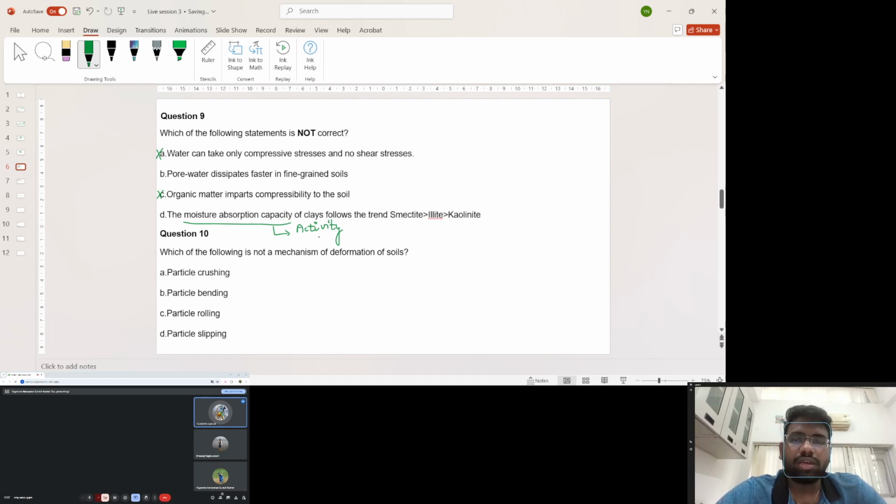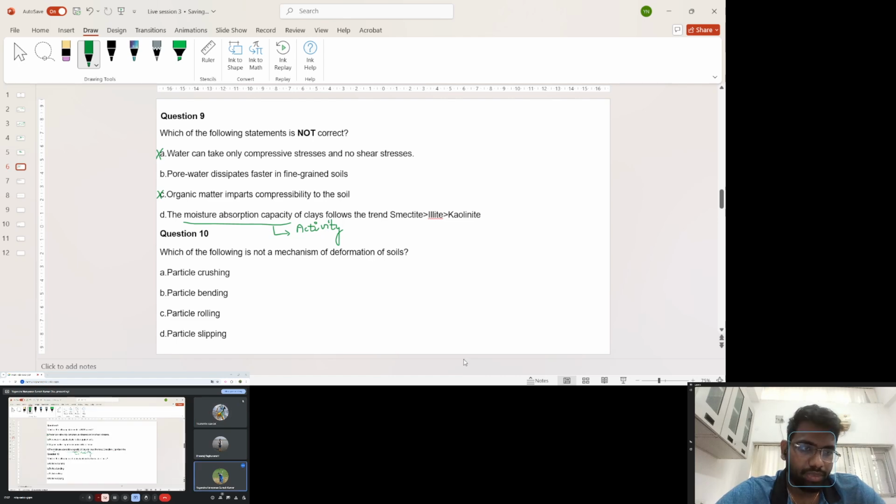Now if you want to quantify activity, you have to relate it with which parameter? Minerals is one thing, but which property of the grains governs it?